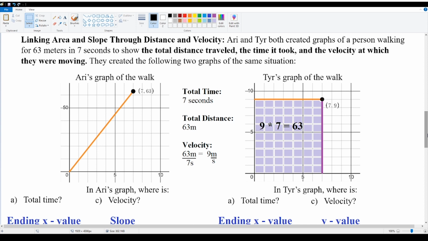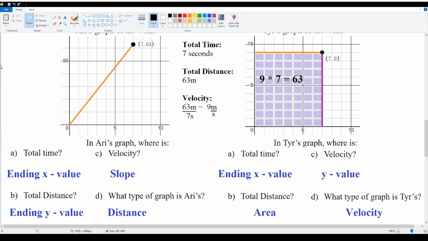How could this be? The conclusion we were able to reach is that we were looking at a distance graph and a velocity graph, where on the distance graph, the ending values 7 and 63 give you the total time and the total distance traveled, where the velocity is represented through the slope. On the velocity graph, though, the ending x value and y value give you the velocity and total time instead of the total distance and total time.